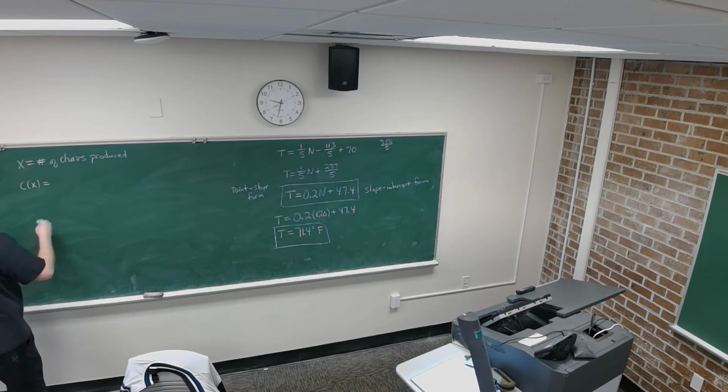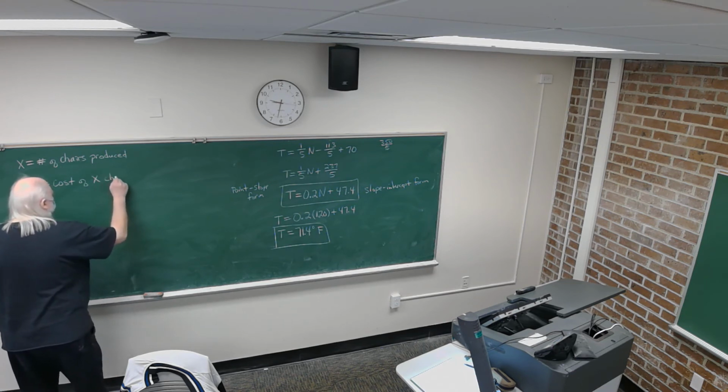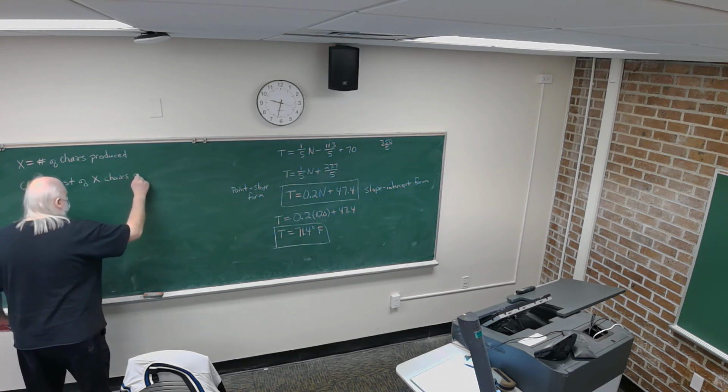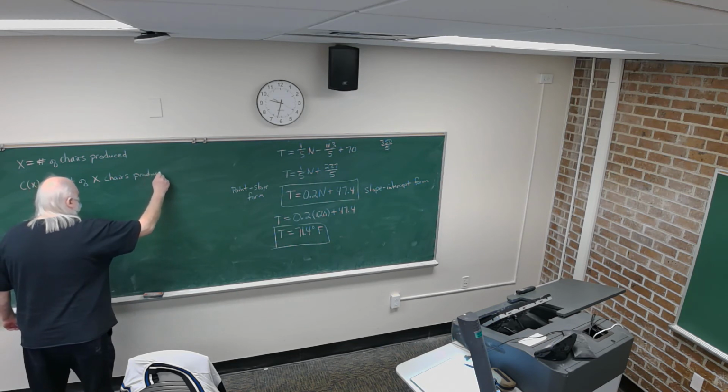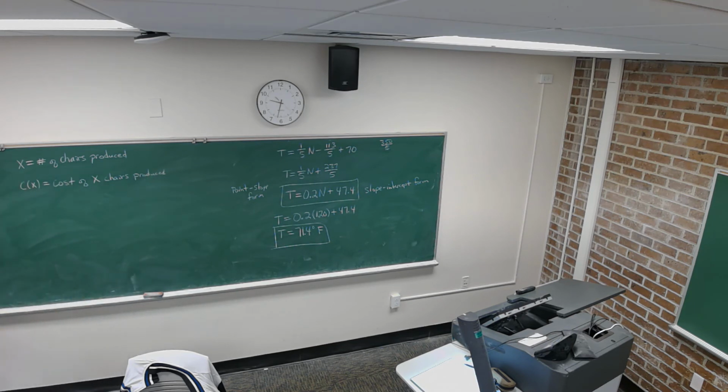And so c of x is the cost of x chairs produced. So y equals c of x in this case, instead of f of x. Okay. All right. So x is the number of chairs produced.